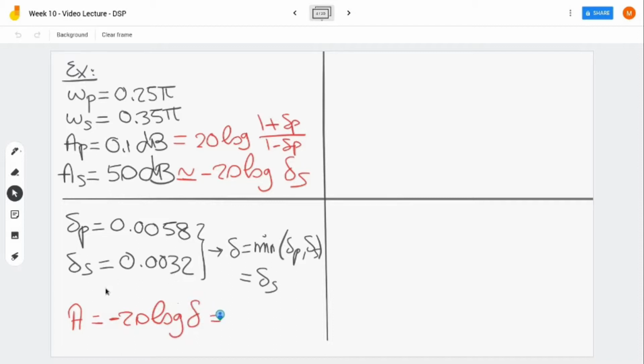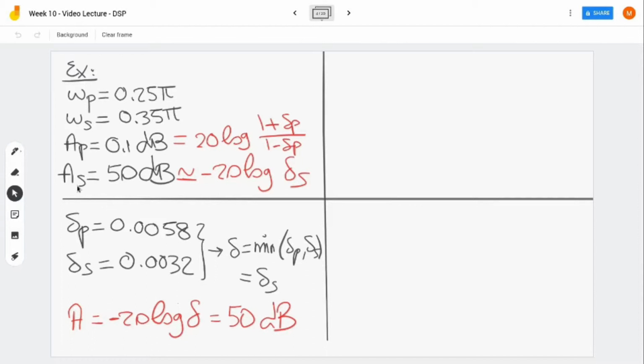Since delta is equal to delta S, the new value of A will be minus 20 log delta S, which is the same old stop band attenuation AS. So A will remain 50 decibel. This is the new stop band attenuation. But if in any problem delta P is the minimum one, then delta will be equal to delta P. In this case, minus 20 log delta P will give us a new value for the stop band attenuation, which is different from the value of AS.